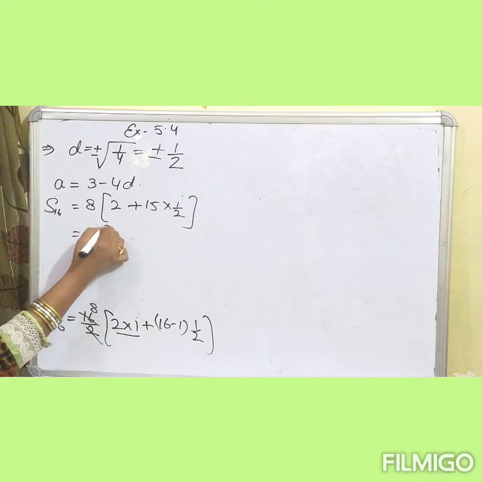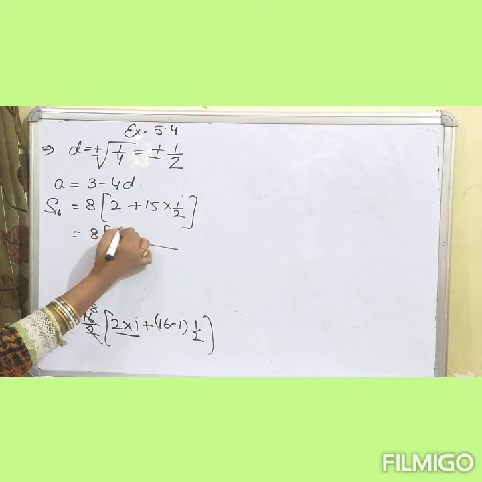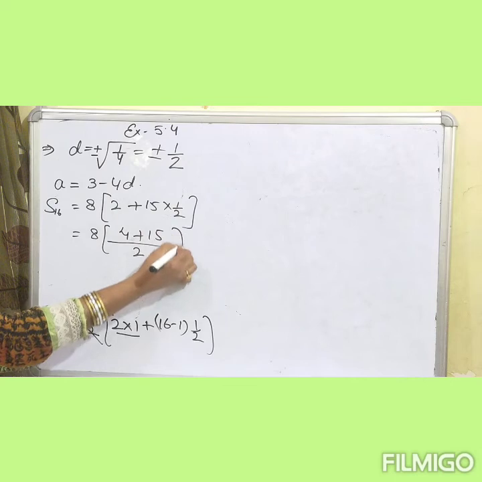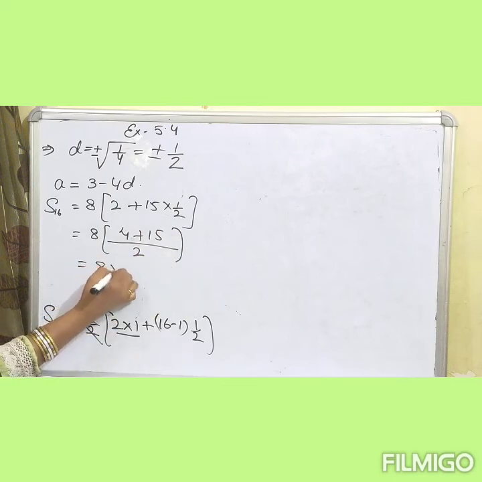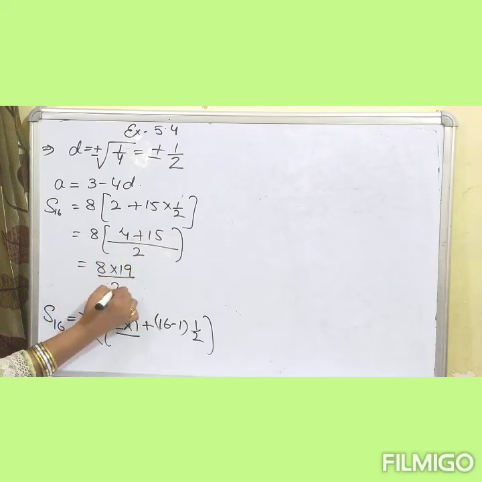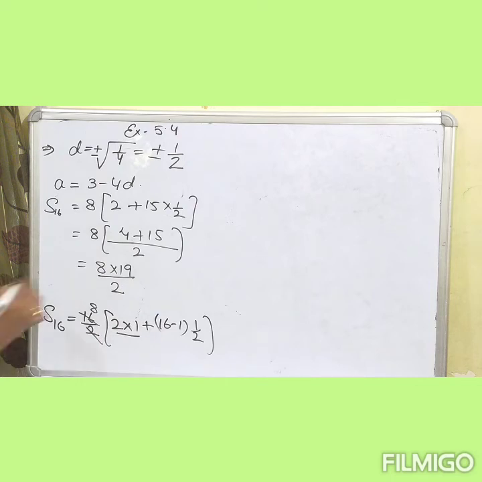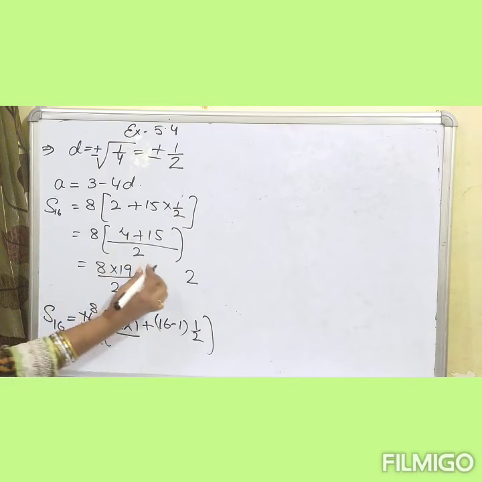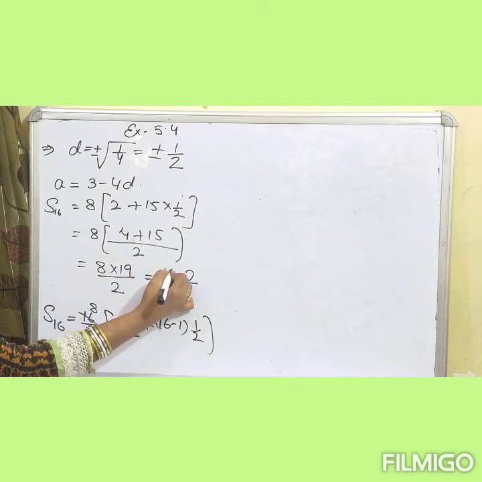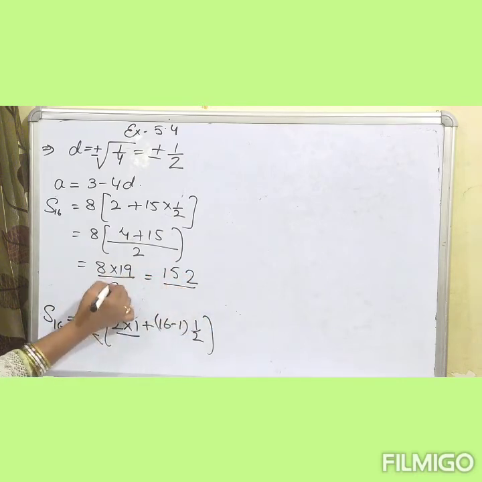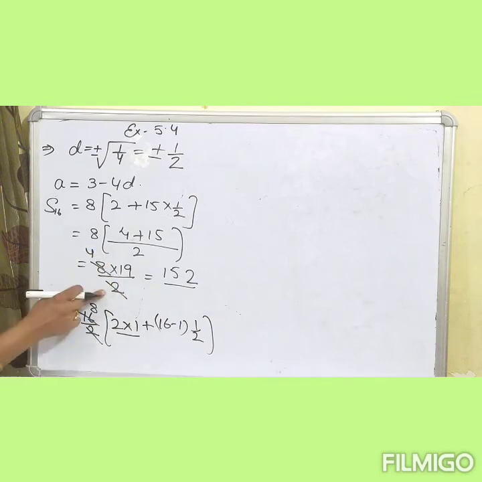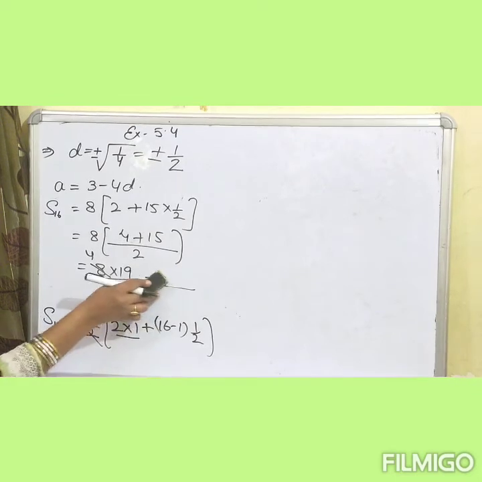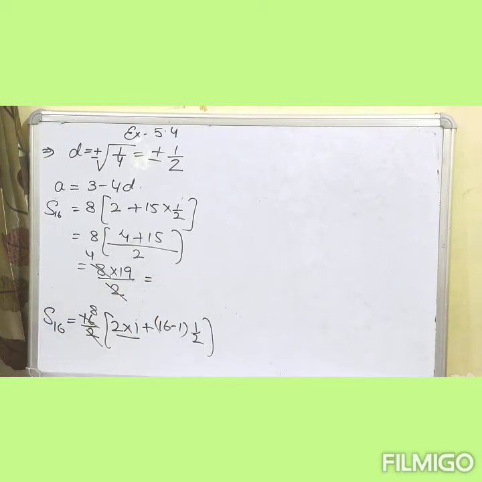You can take LCM here, that is 2, 4 plus 15, and it is 8 into 19 by 2. You can cut this here also so that your calculation will be easier. 2 4s are 8, so instead of multiplying and then cutting, it's better to cut it first.